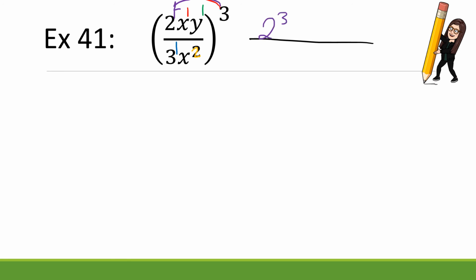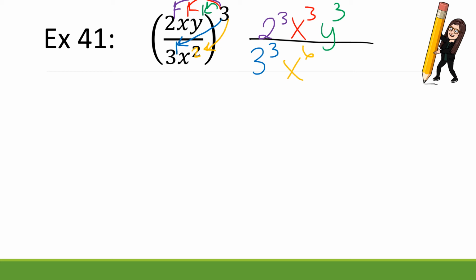An exponent of 3 times 1 is 3. An exponent of 3 times 1 is 3. Bear with me. Denominator. An exponent of 1 times 3 is 3. An exponent of 3 times 2 is 6.